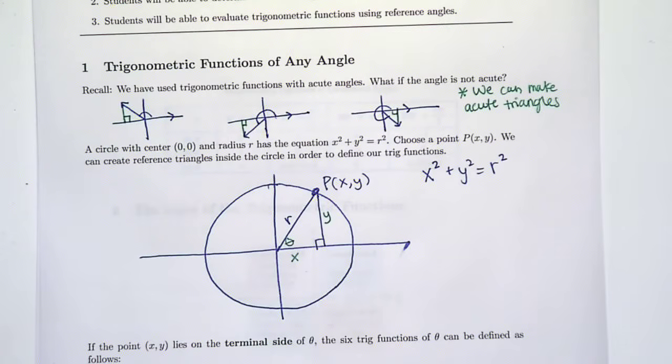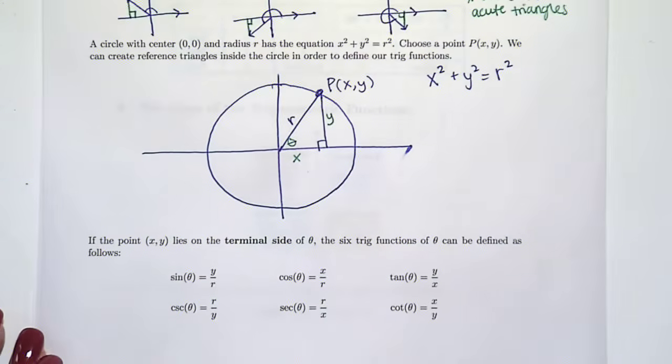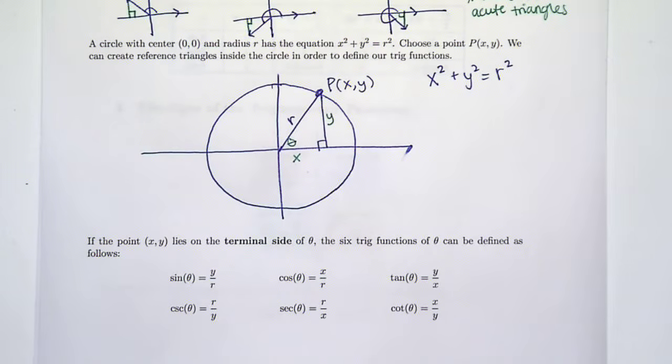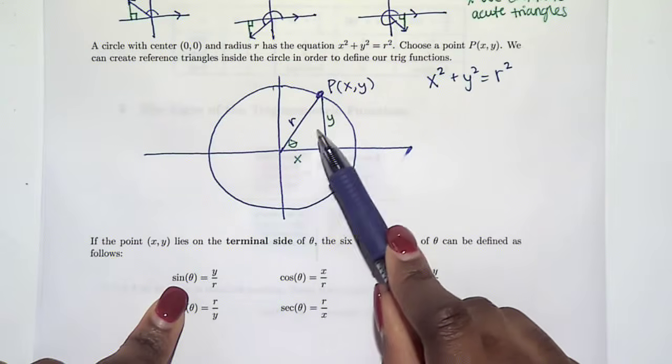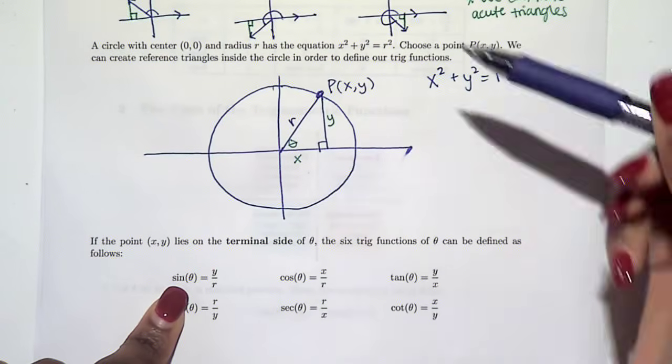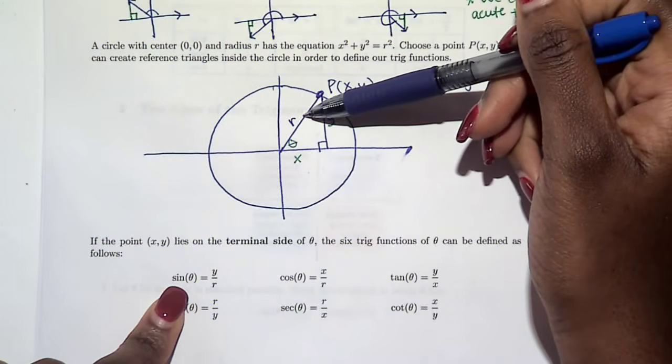All right, so let's talk about our trig functions. If our point x, y lies on the terminal side of an angle, the six trig functions can be defined as follows. Again, I know it seems like we're defining our trig functions in a thousand ways. It's still the same. Sine is opposite over hypotenuse. Opposite side is y, hypotenuse is r.